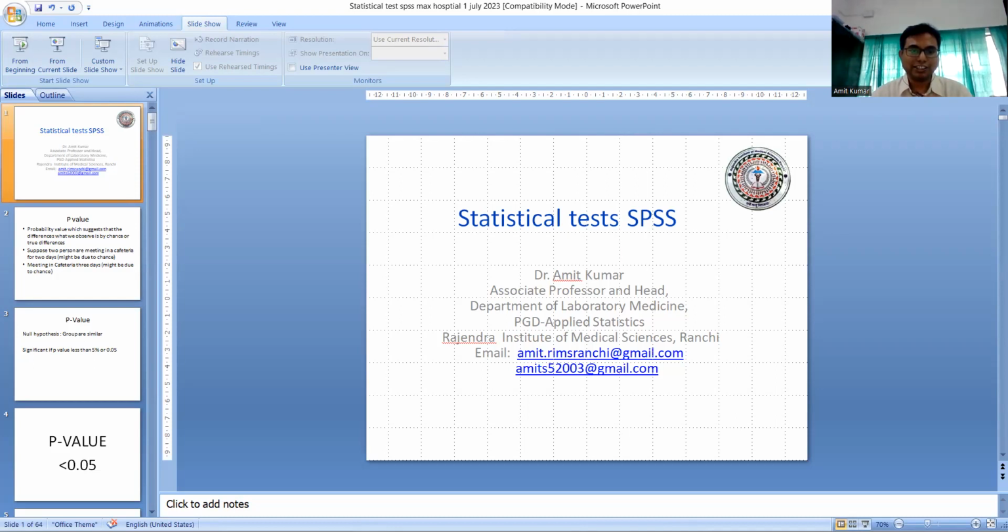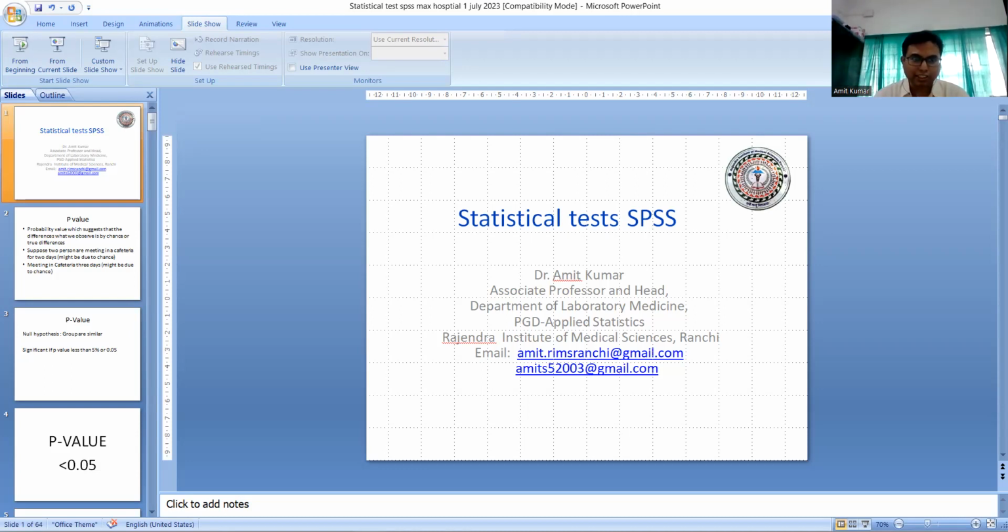Yes. Okay, so now we come to the two-tailed test. In a two-tailed test, we don't know the direction of the effect size right from the beginning. We don't know whether drug A will be better or drug B will be better.